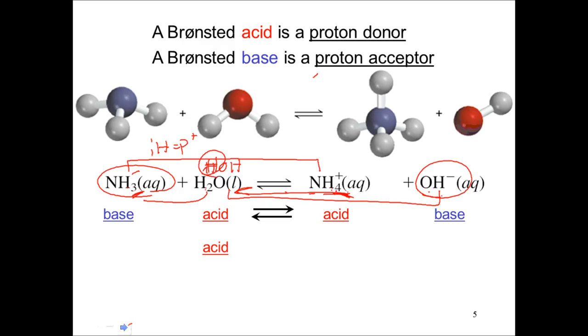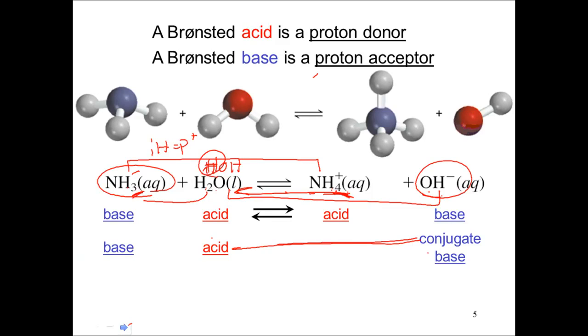So what we actually say, by doing these brackets, is that water is paired with the hydroxide. Water on the left side is the acid. On the right side, that base, since they go together, is called a conjugate base.